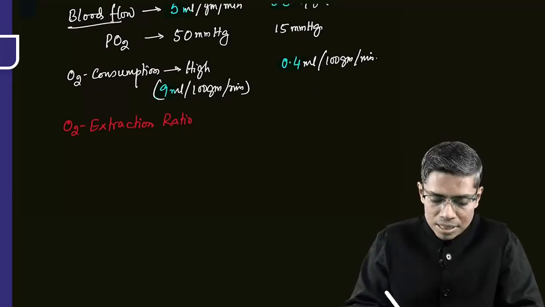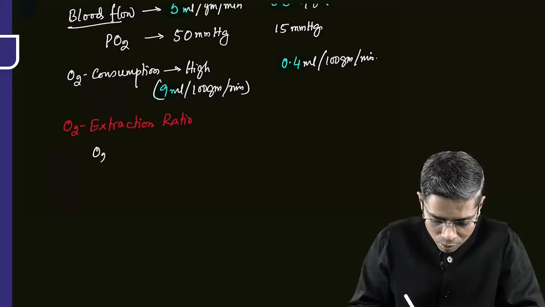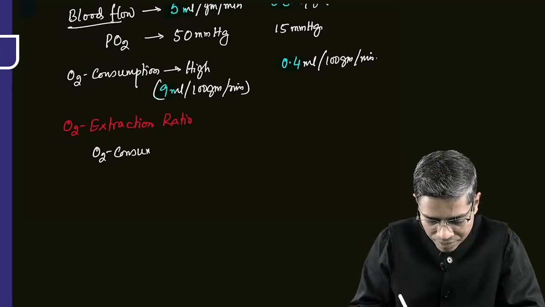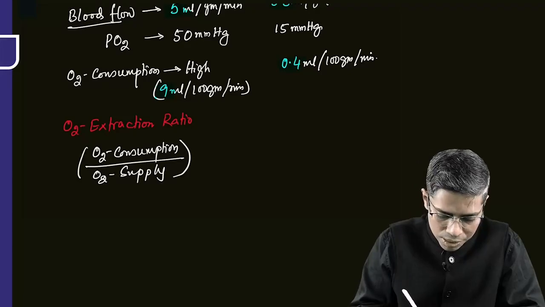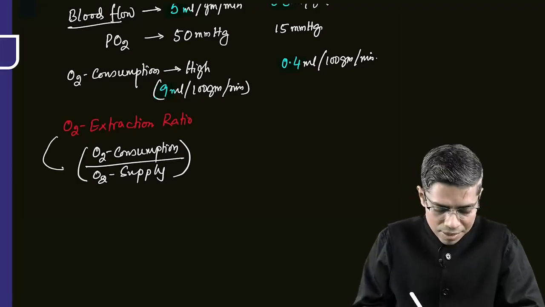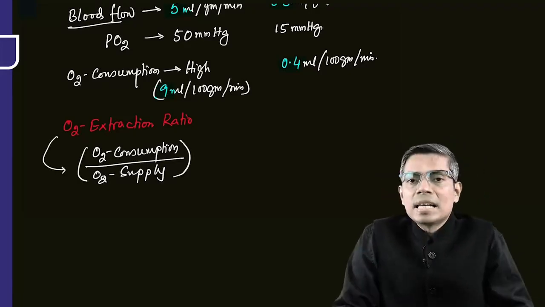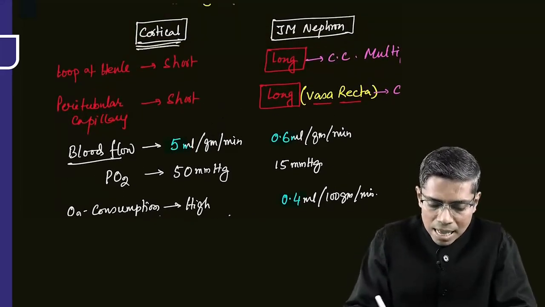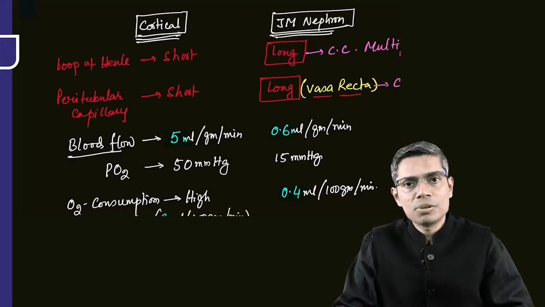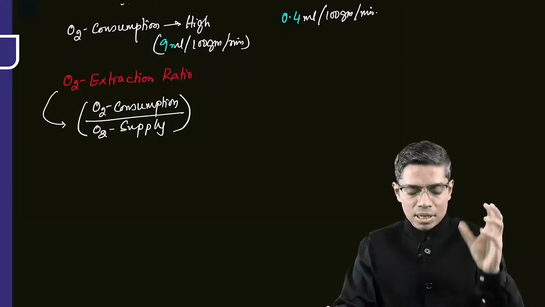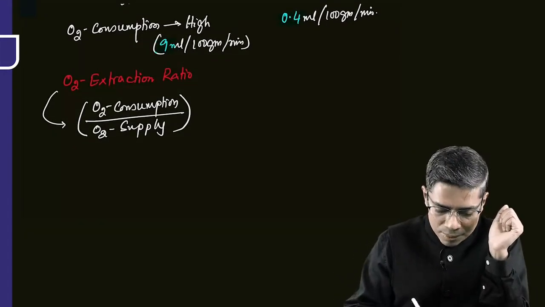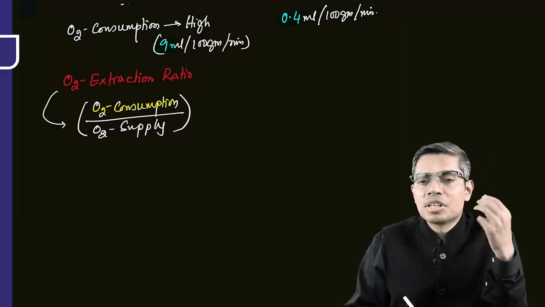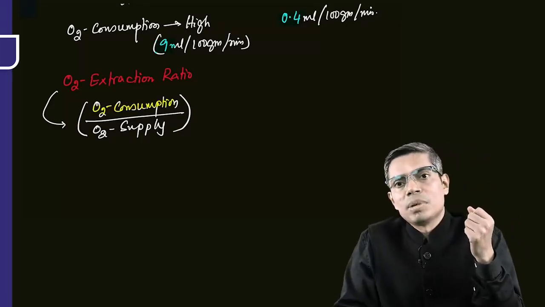So if you take a ratio between your oxygen consumption upon your oxygen supply, then this ratio is known as oxygen extraction ratio. If you calculate this for the cortical nephron and for the juxtamedullary nephron, what do you think? You must be thinking that in cortical nephron oxygen consumption is very high, so the ratio will be higher, but that's not the case.